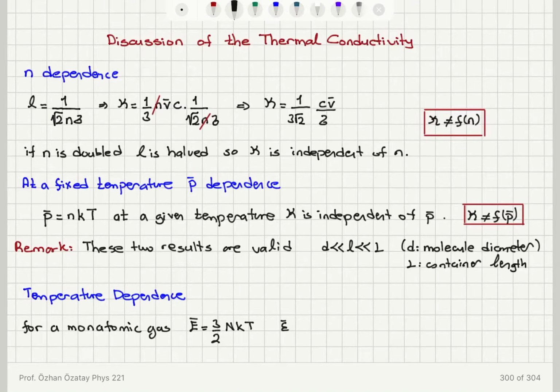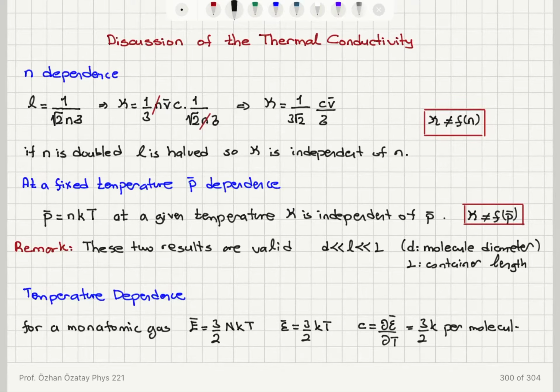The mean energy per molecule is 3 over 2 kT, and the heat capacity per molecule, which is the derivative of the mean energy per molecule with respect to temperature, is 3 over 2 k per molecule.